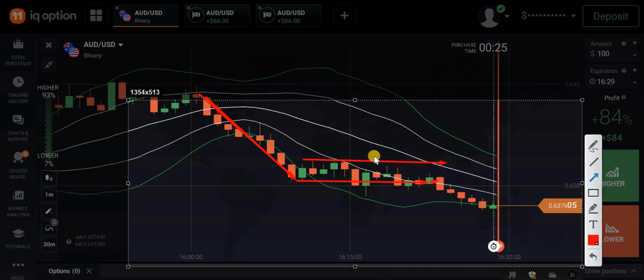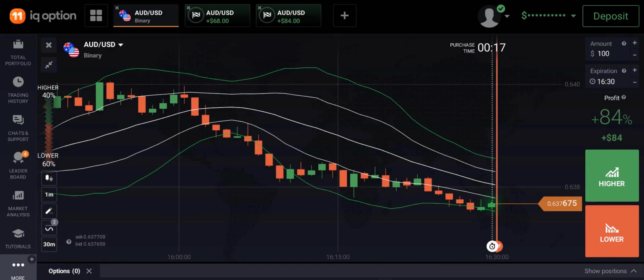So we have a resistance up here and a support here. What is support and resistance? These are areas in our chart where price moves to and fro until it finds equilibrium, moving inside the support and resistance. When there is a disequilibrium, the price breaks out and tries to move in a specific direction. This is what support and resistance is.